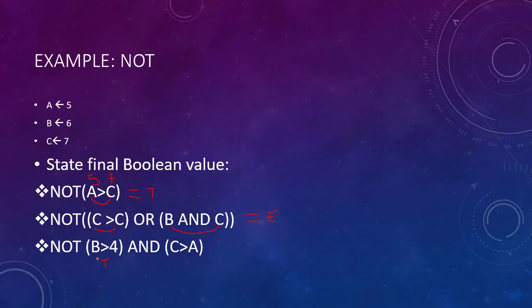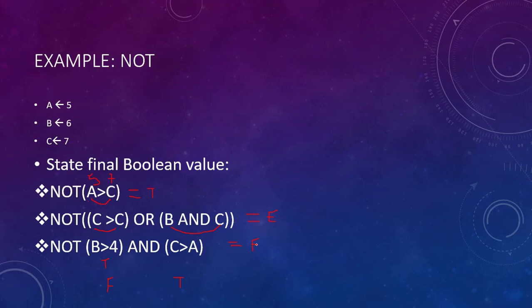It's not a NOT statement like this one, which is enveloping the whole expression. So B is greater than 4, which is true. When I do NOT on true, it reverses it, so it's going to be false. And C greater than A, this is again true. But false ANDed with true in this case is going to give me false.